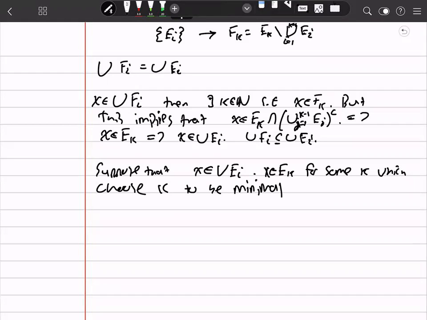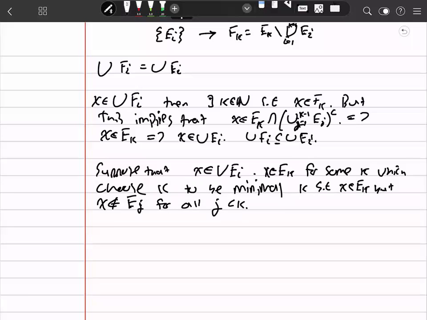Since we're working with natural numbers, we have a well ordering, so we can choose K such that X is in E sub K, but X is not in E sub J for all J less than K.